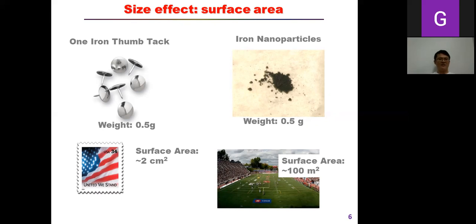So we need much less of a material made of nanoparticles than we need of a material made of big particles, because the nanoparticles would have more surface area for their given volume.